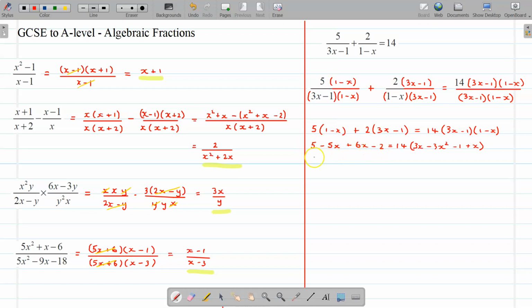5 minus 2 is 3, minus 5x, okay, plus 6x is plus 1x, and that equals 14 lots of 3x plus x is 4x, minus 3x squared minus 1.